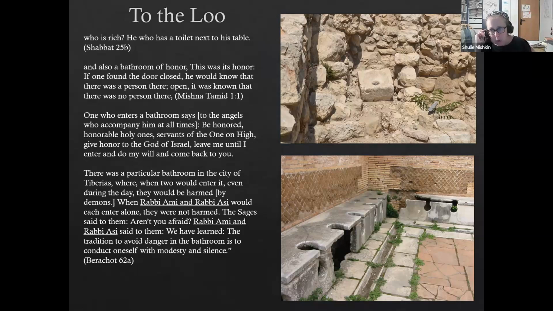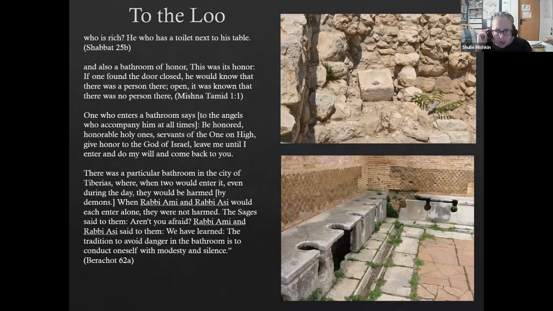Now, it was not a used toilet. What's the idea? We actually have a reference to this in the Book of Kings. If you wanted to desecrate a temple, and this is a temple for idolatry, or even if it's not for idolatry, it's not the Beit HaMikdash. If you want to desecrate it, put a toilet there. What's a more desecrating thing than to put a toilet there? We actually found an example of this, so that's just awesome.